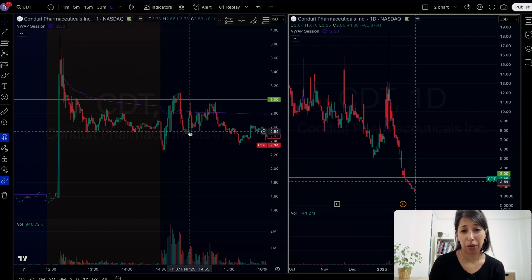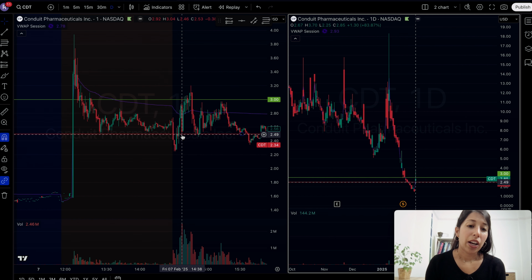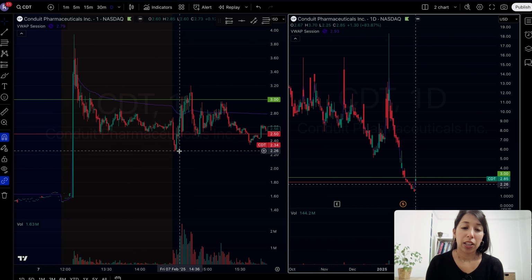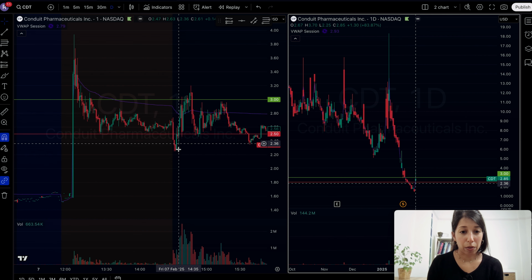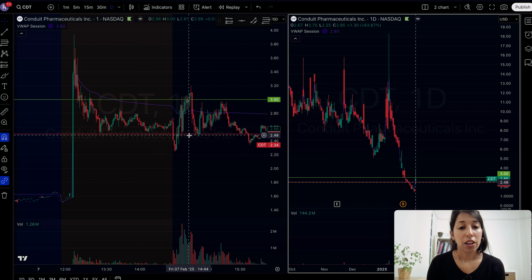my 250, or I could have looked at where it opened, where it went to, and I could have risked low of day. If I had risked the low of day, I would have just had to take a smaller size, basically, because my risk could potentially be larger than I initially wanted.